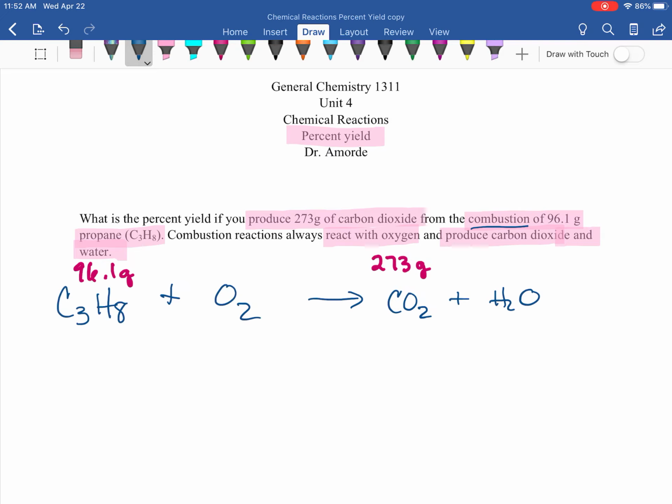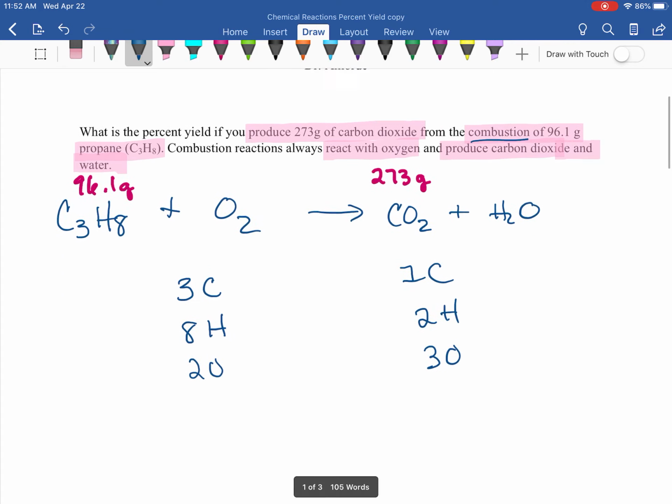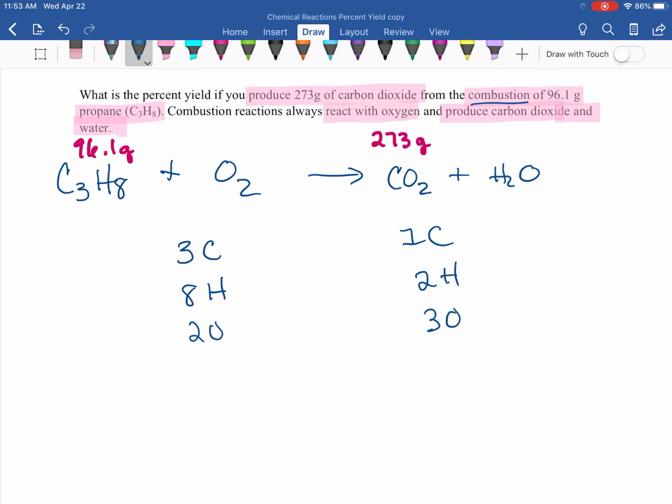We can't do anything until we balance this reaction. Now, I have been ramping up with our complexity, so I have a feeling this one is going to be a little tricky to balance. Let's try it. We've got 3 carbons, 8 hydrogens, and 2 oxygens on the reactant side. We've got 1 carbon, 2 hydrogens, and 3 oxygens on the product side.